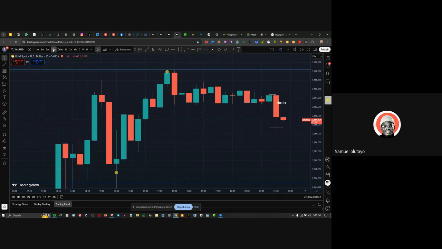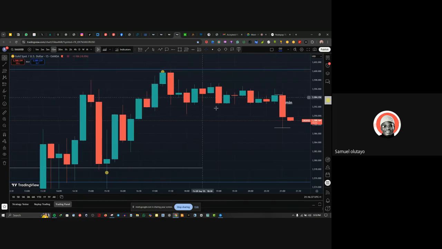Remember, we're on a 15 minutes time frame, right? So every candle here is 15 minutes. So 15 minutes, 30 minutes, 45 minutes, 1 hour, 1 hour 15, 1 hour 30, 1 hour 45 minutes. So it took 1 hour 45 minutes to enter this trade and hit take profit.